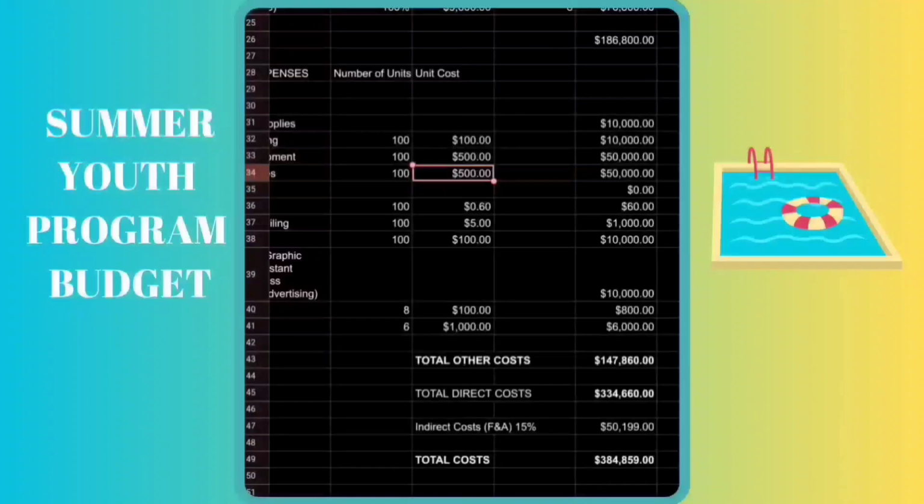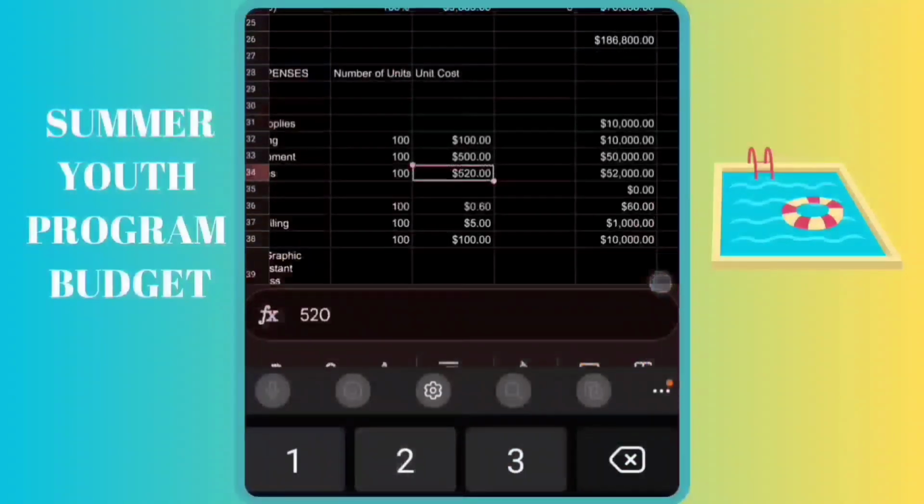This is just changing numbers around a little bit.